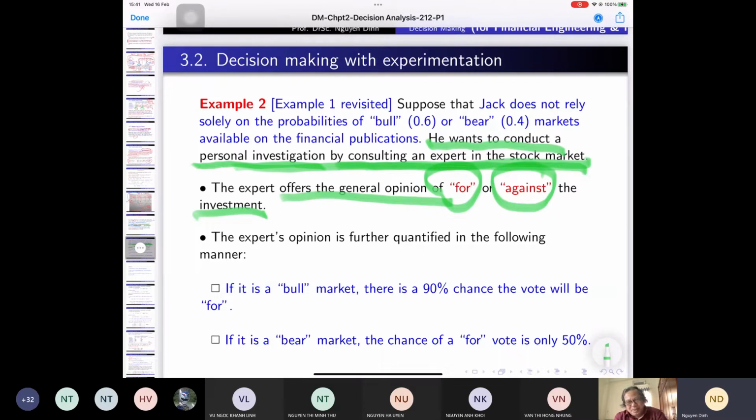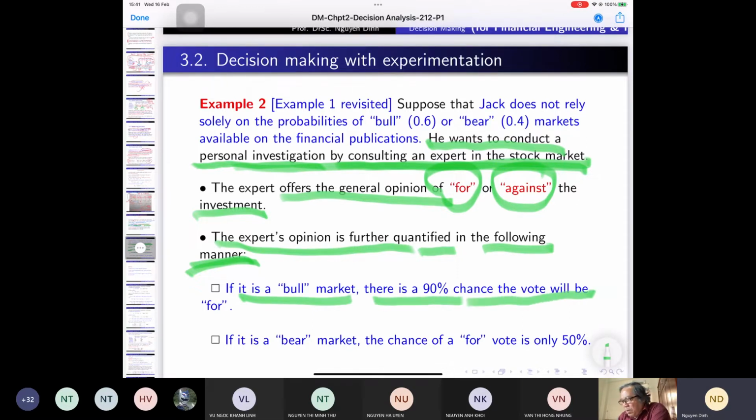The expert's opinion is further quantified in the following manner. He gave some advice in this way. If the market is bull, there is a 90% chance to vote for. And if the market is bear, the chance of a vote for is only 50%.